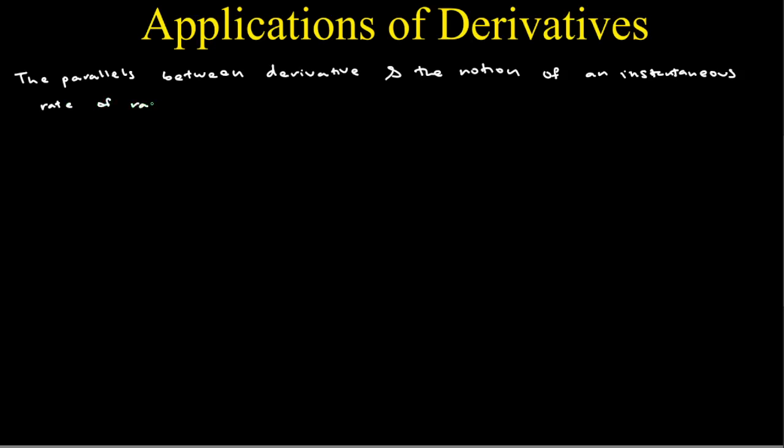So essentially, what I'm trying to say here is the derivative can be used as a measure of the instantaneous rate of change. Now, what does that mean? Let's break down what rate of change is. You might have heard of rate of change described as the slope, right? It describes how fast things are changing.